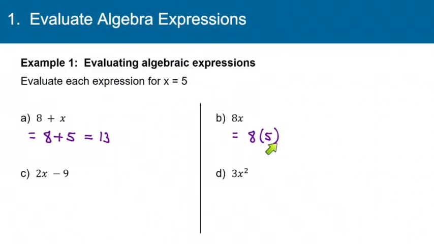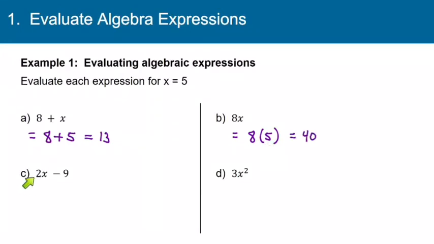Now notice that here I used parentheses as my multiplication symbol, but I could have just as easily put 8.5 and not had the parentheses. That is totally up to you. I like the parentheses because they're harder to overlook. It just seems clearer to me. So I almost always use parentheses. But now 8 times 5 is 40. See, that's all there is to it.